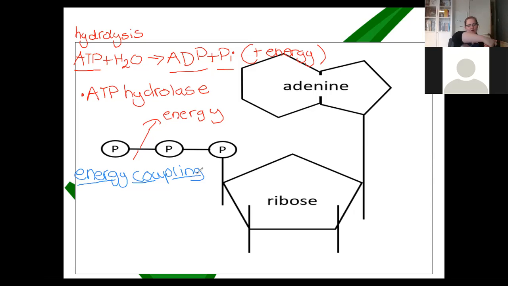It's what's required for us to be able to power most cellular reactions. If we have certain reactions in our cells that are constantly requiring ATP, maybe reactions that are happening a lot, we can couple the hydrolysis of ATP with these other reactions.